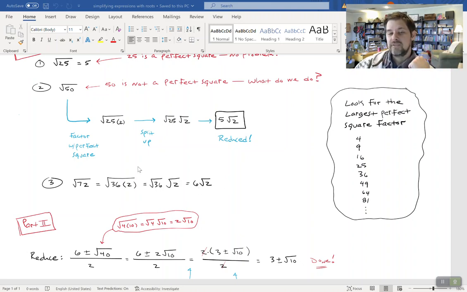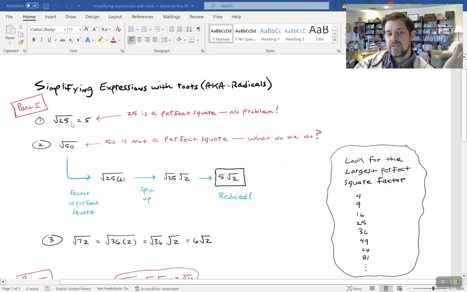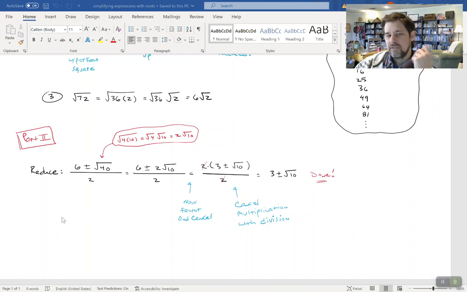Okay, so root 72 reduces to 6 root 2. So that's part one. It's just how do you simplify roots when you're dealing with perfect squares versus not perfect squares. Okay. Second part is this is kind of the residue of the quadratic formula, and I want to talk about how we would reduce that.